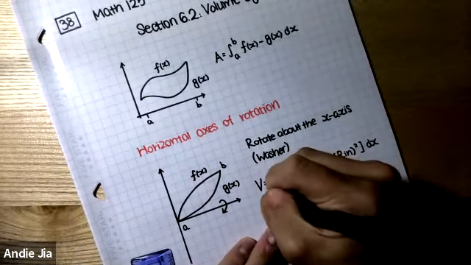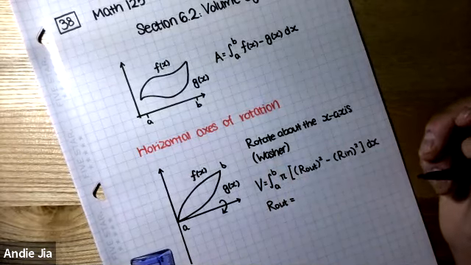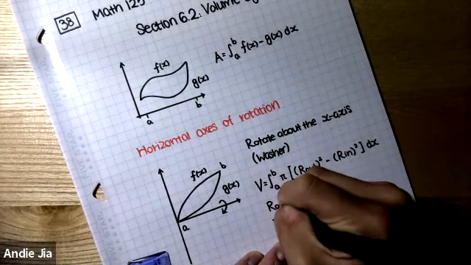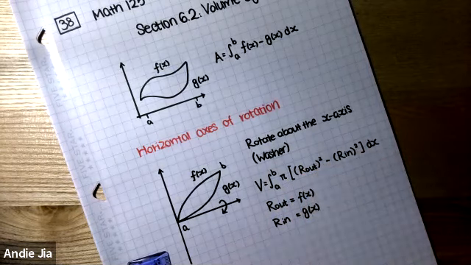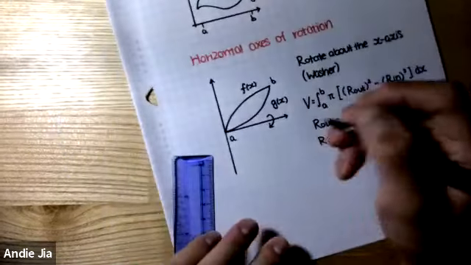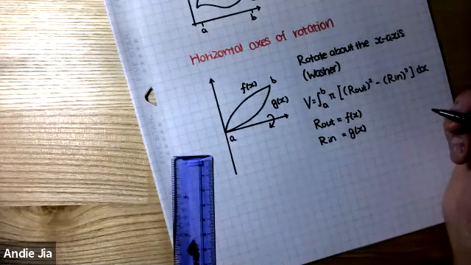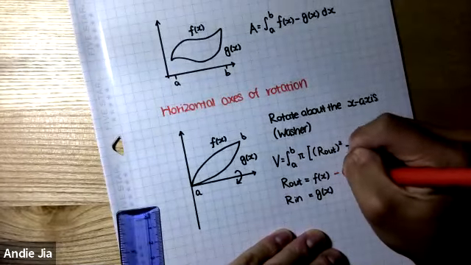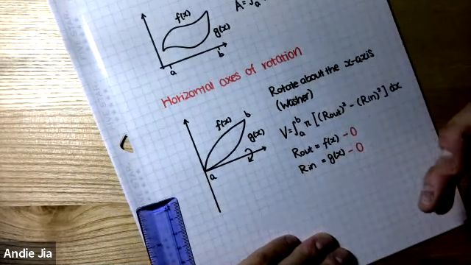The outer radius is f of x. The inner radius is g of x. So if we rotate them about the x-axis, which is the horizontal line y equals 0, we subtract 0. This is our radius.